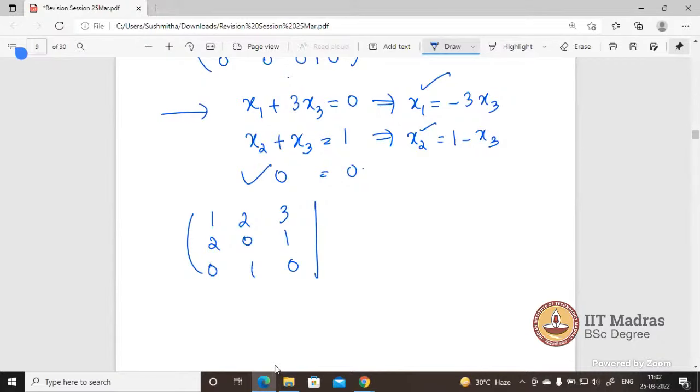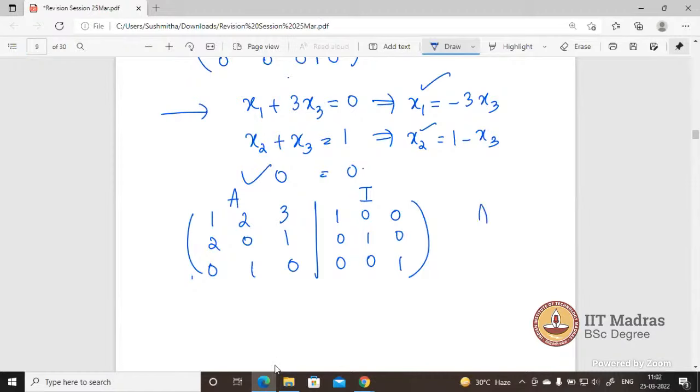How to get the inverse with row operations? I'll tell you. You take the matrix A here, and then you take the identity matrix, the 3 cross 3 identity. I'm trying to find A inverse using row operations.